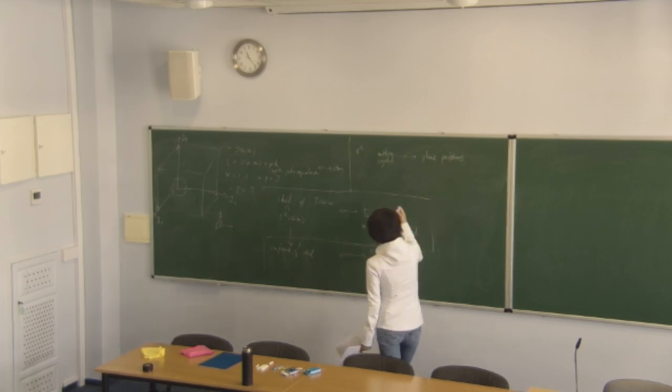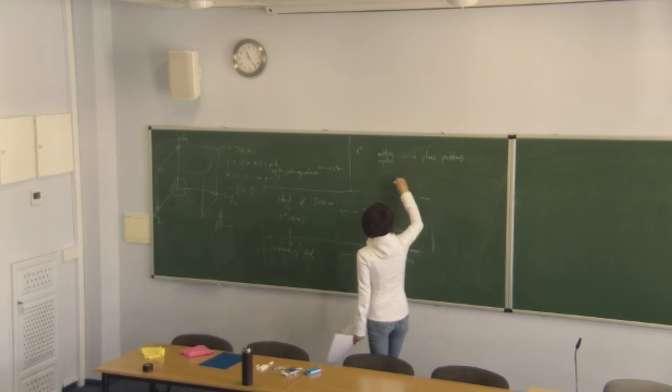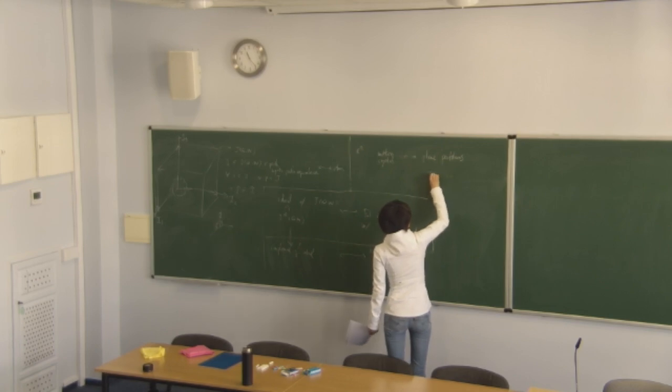So you can check whether this picture is correct. We know that the generating function of the plane partition is this, the MacMahon function.